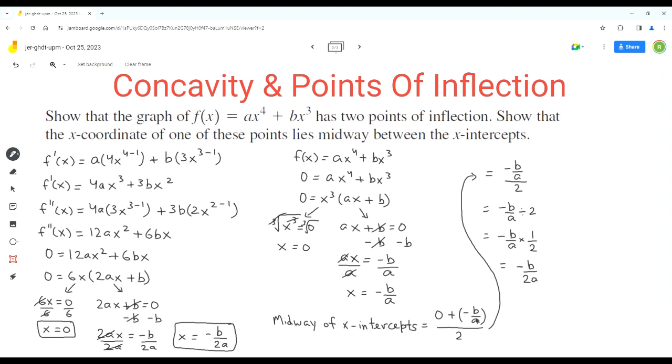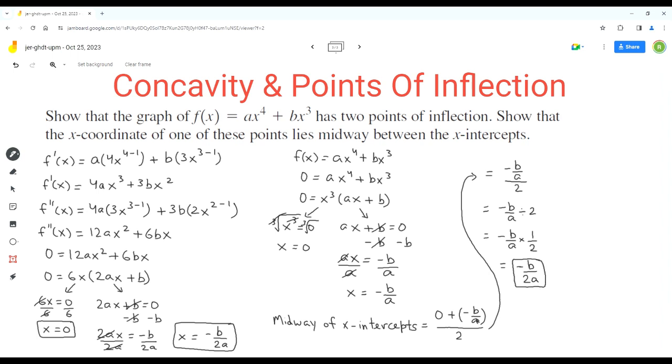So we multiply the top terms and we multiply the bottom terms. So we get negative b over 2a, which is one of the inflection points we got. So that means that one of the inflection points does lie midway between the x-intercepts of this function.